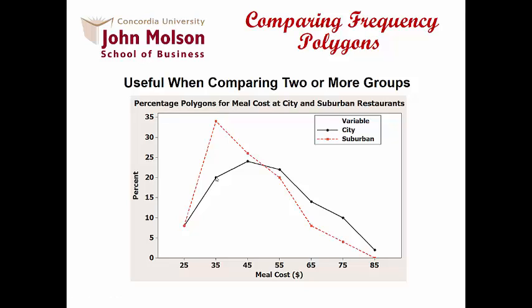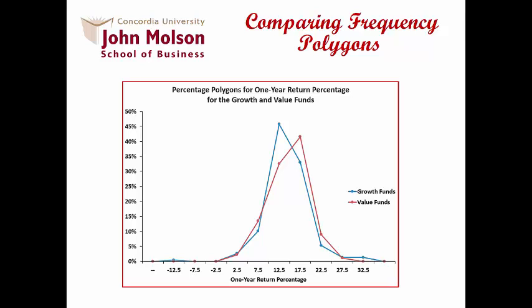So there is a good difference between the prices, the cost of the meal, between city and suburban. I have similar thing when I compare the growth value and the value of the fund. Same thing, we see that the 1 year return percentage for the blue line, the peak for the growth fund and the value of the fund is not at the same level.